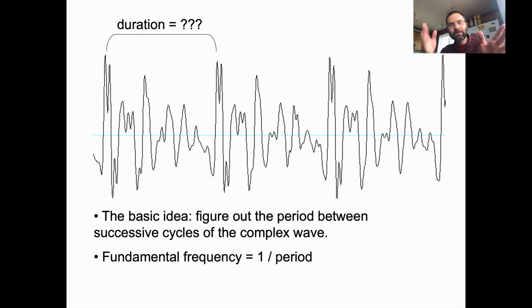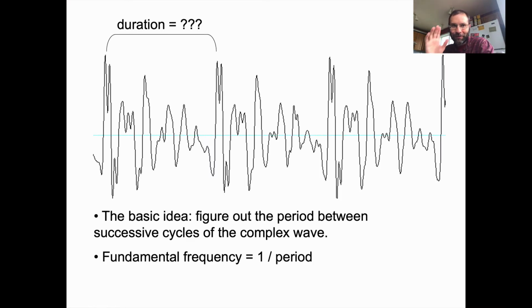So fundamental frequency is 1 over the period. If I had, say, a period of 0.01 seconds, or 1/100th of a second, for my fundamental period, take the inverse of that, 1 over 0.01 is going to be 100. That would be a 100 hertz fundamental frequency for that particular wave.